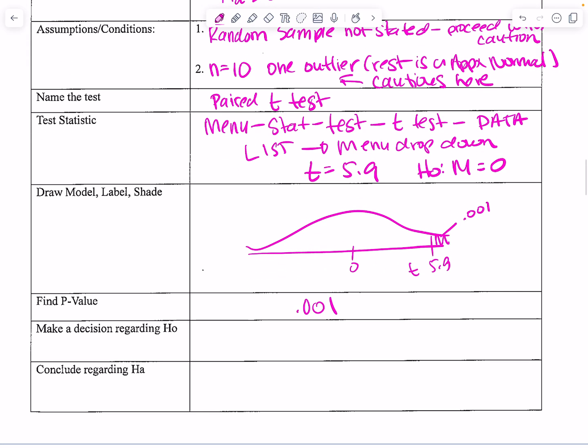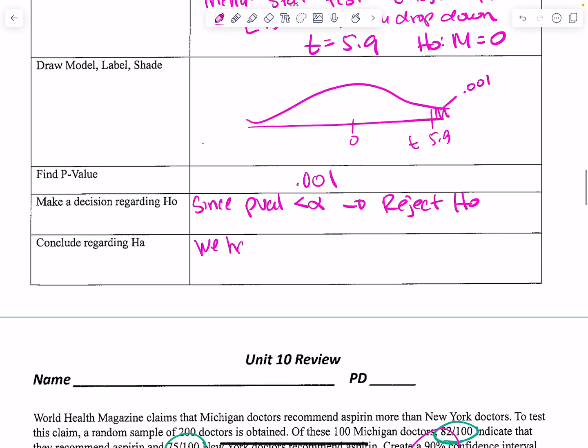Okay, and then since the p-value is less than alpha, we're going to reject H0, and the next one we have is convincing evidence for Ha, and Ha is that the quiet room has more text messages than noisy.